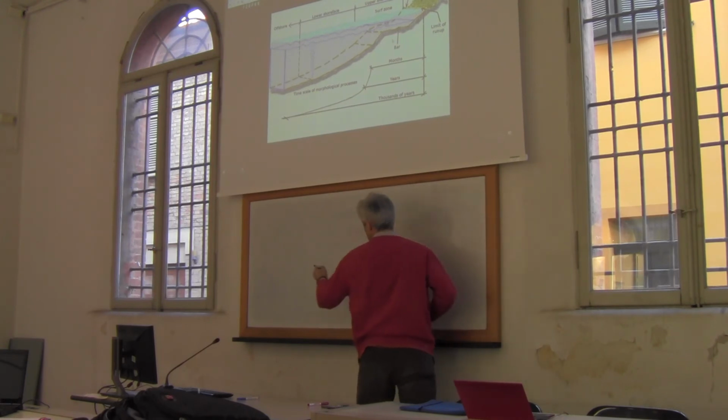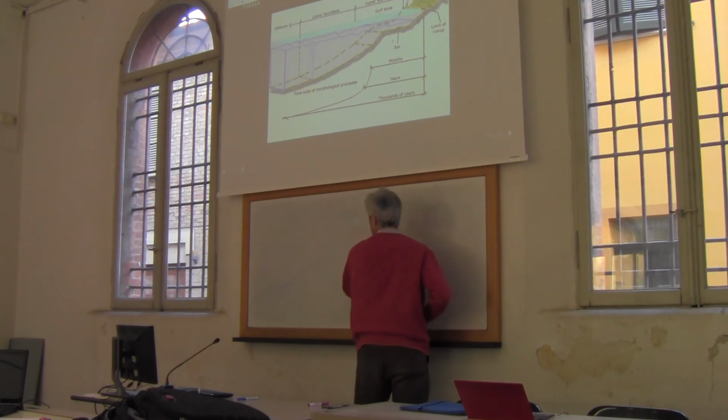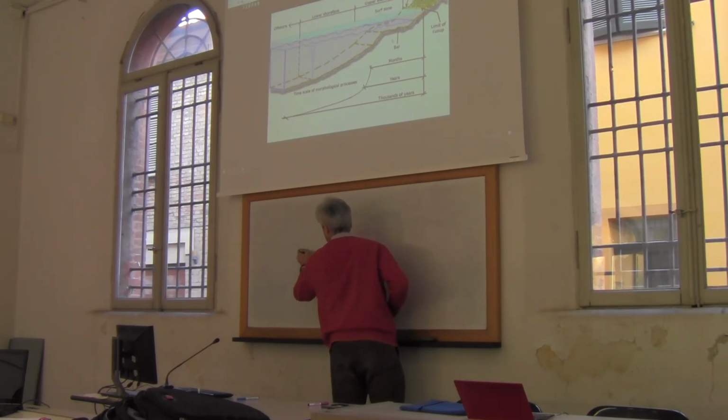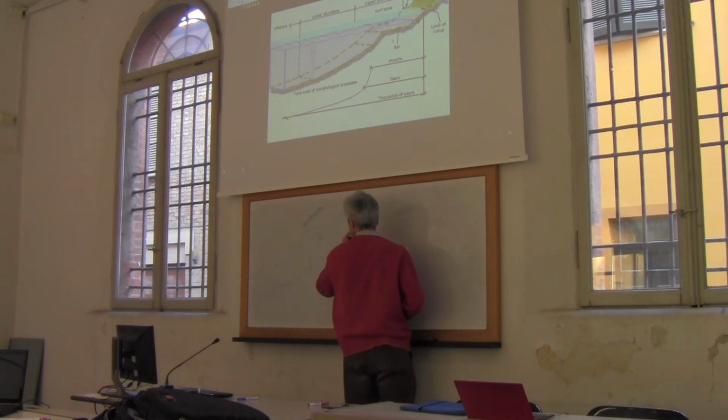So, basically, if I have here the breaker line, and here we have the wave that breaks, then we have a high turbulence in this zone.